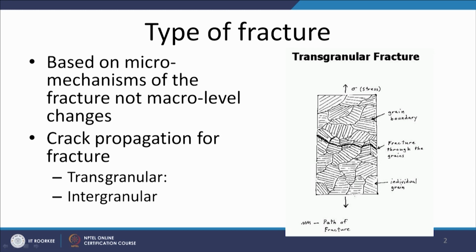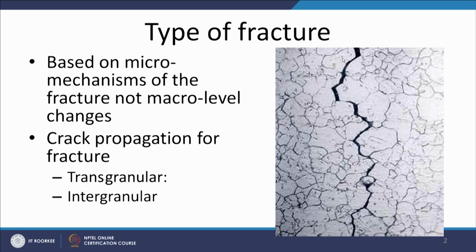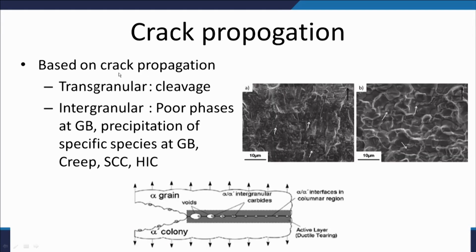This is the direction of the crack growth in the case of transgranular fracture, where the crack propagates across the grains and does not follow any boundary or particular direction, and this kind of fracture is known as transgranular. And this is the fracture where the crack has grown along the boundary of the grains, and that is why this type of fracture is termed intergranular fracture.